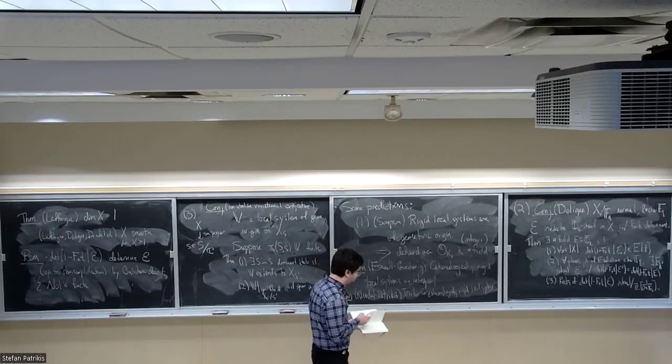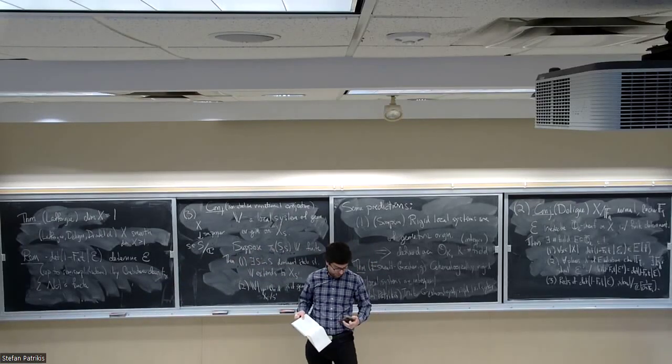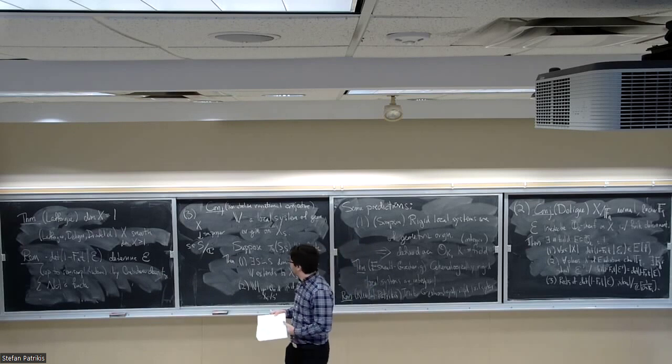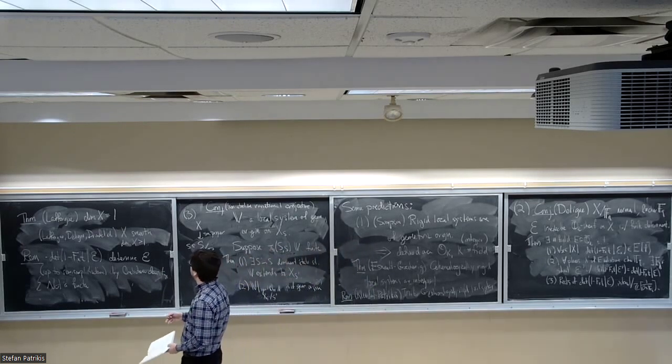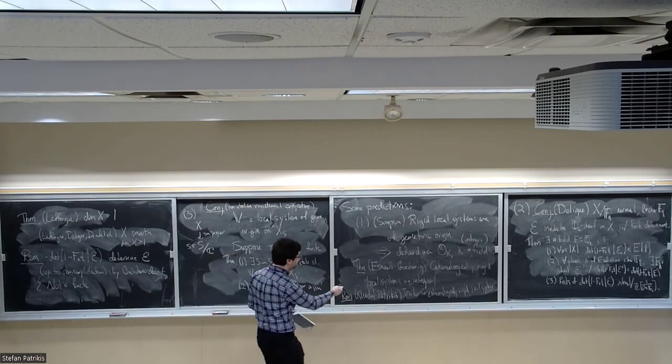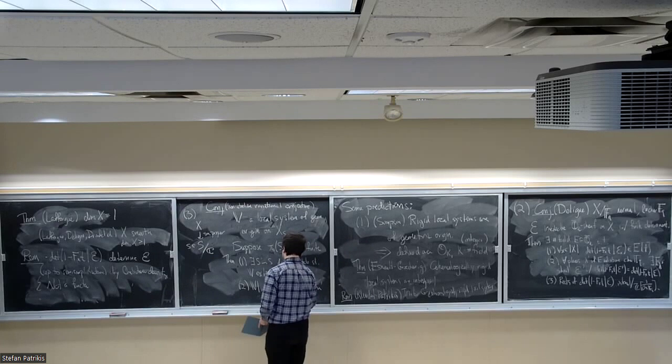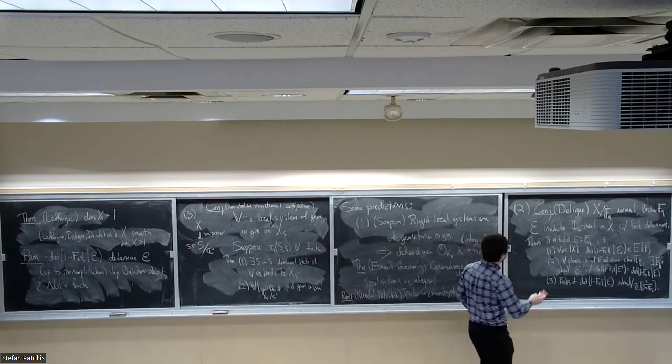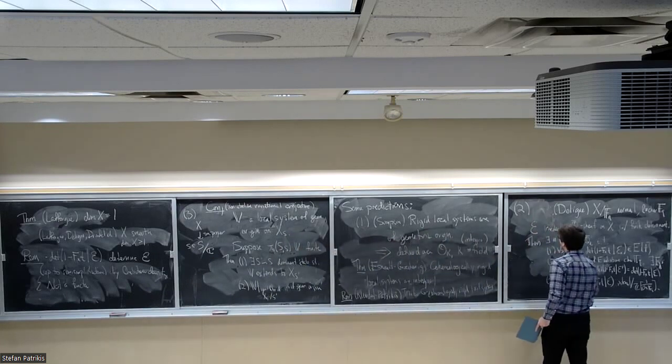All right, so for the rest of the talk, I think I have just enough time. I want to give you some idea of how the theorem I erased implies this theorem of Esnault-Groechenig. So let me put the theorem back on the board.